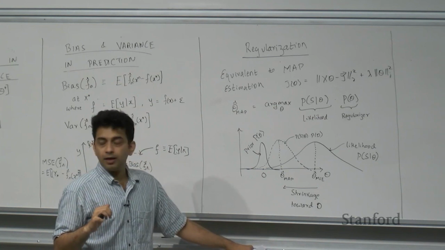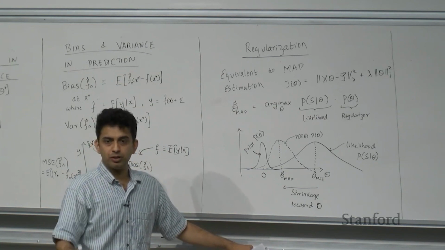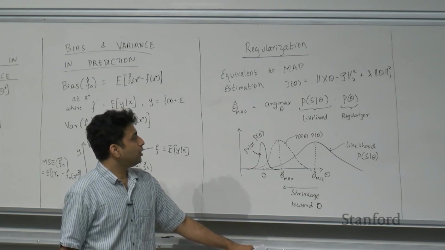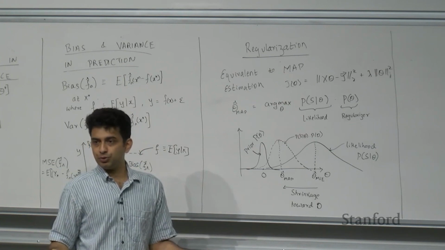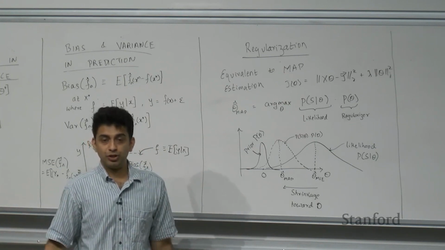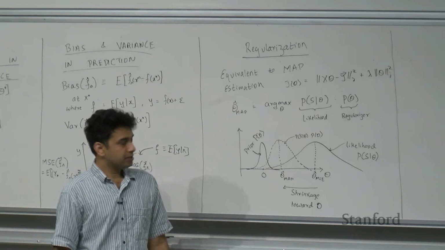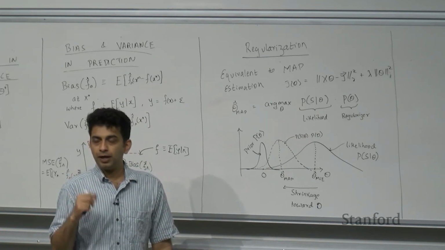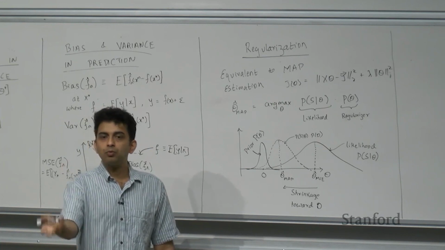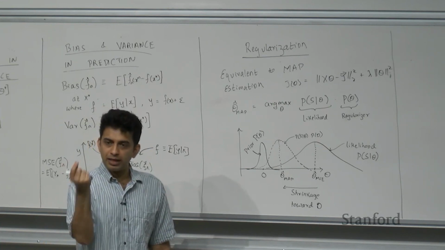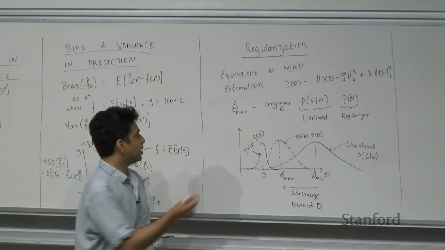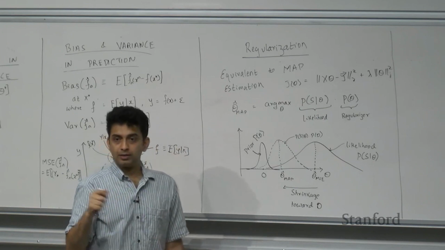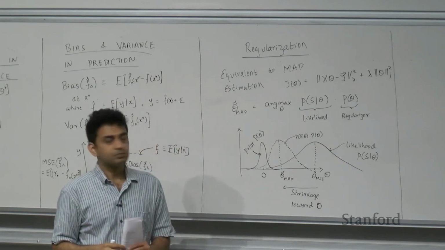So remember, in Bayesian statistics, we construct a posterior distribution over our parameters given the data, and instead of holding on to the full posterior distribution to construct a posterior predictive distribution, what we could do is just calculate the mode of the posterior distribution and use that mode as the output of our estimator, and hold on to just that single point estimate, which we call theta MAP, the maximum a posteriori estimate, as our output of the estimator.